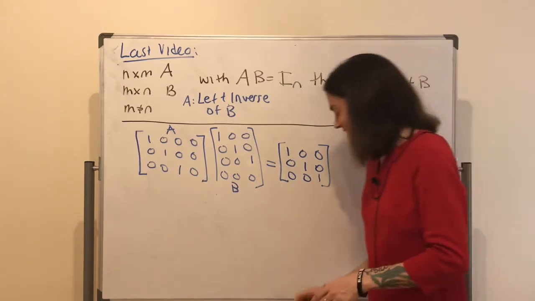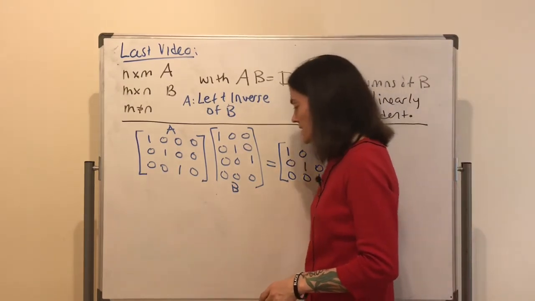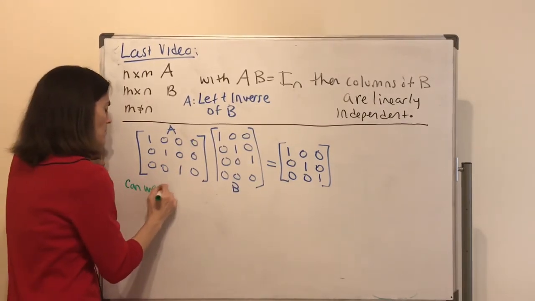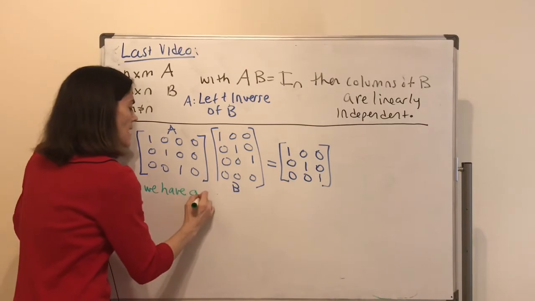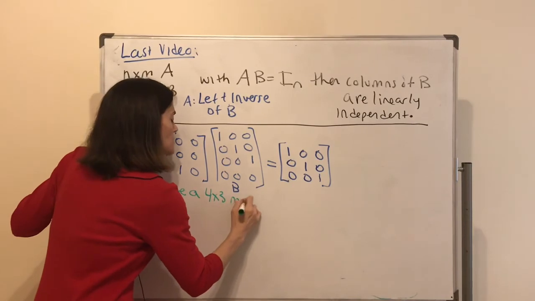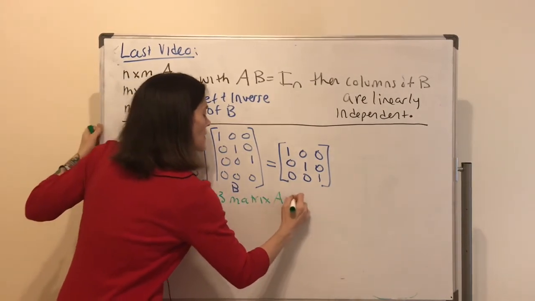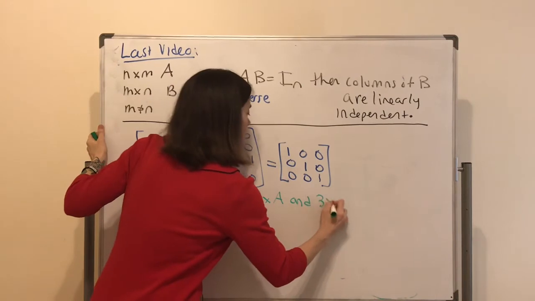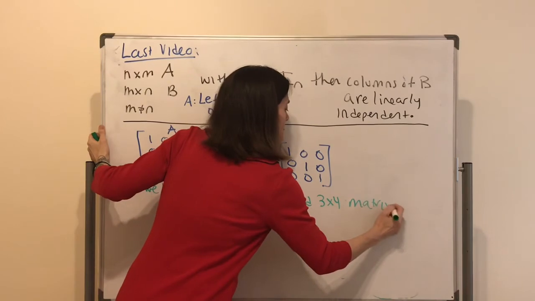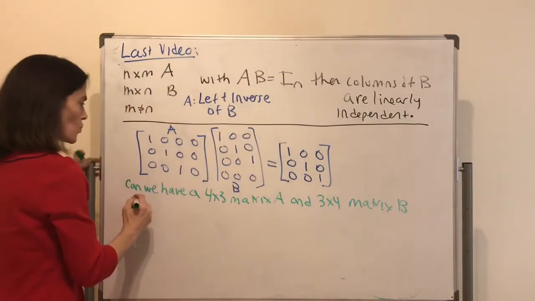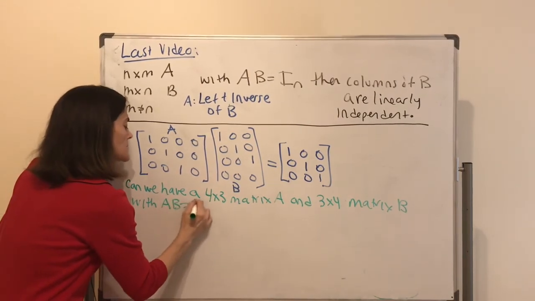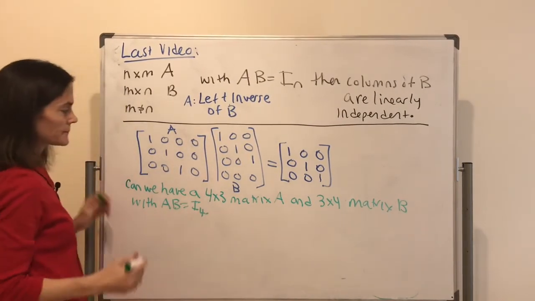Okay, but I want to change this. My question is, can we have, let's say, a 4 by 3 matrix A and a 3 by 4 matrix B with AB being, in this case, this 4 by 4 identity?